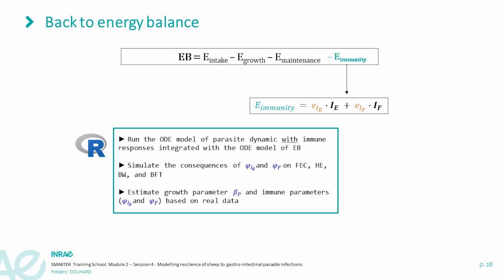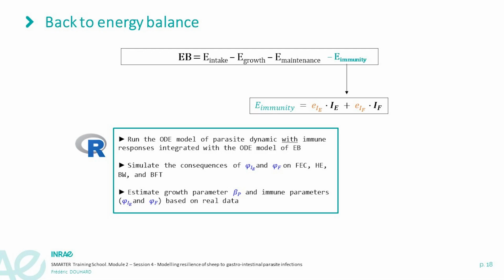And we'll consider that this will be just the sum of the immunity against establishment and immunity against fecundity times an energy cost. Just like to deposit 1 kilogram of protein, you need some energy. You could also consider that to develop some immunity, you need also some amount of energy.